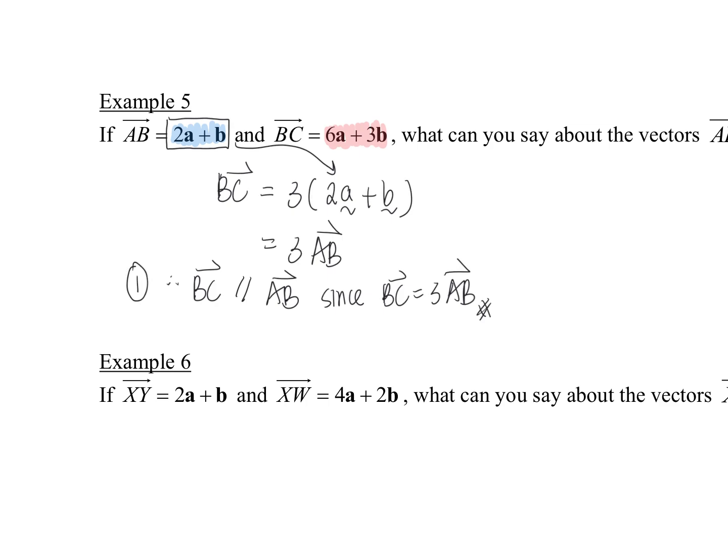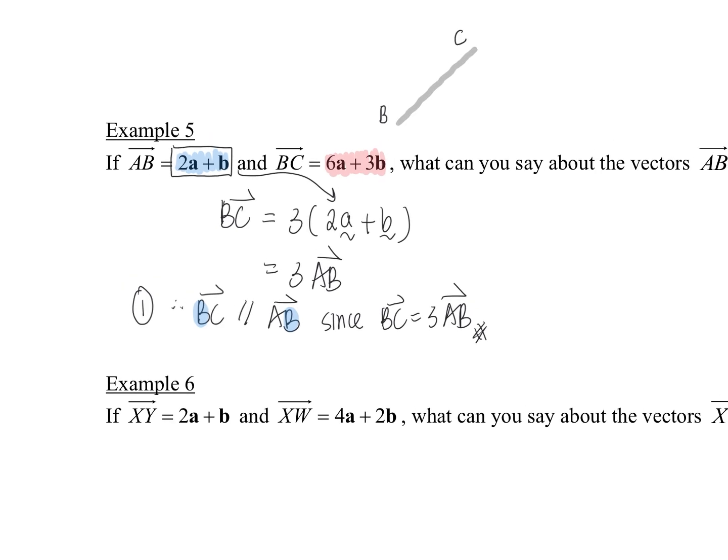Okay, but just to bring to your attention, can you see that they share a common point, common point B? Which means to say, BC is this line here. BC is here.